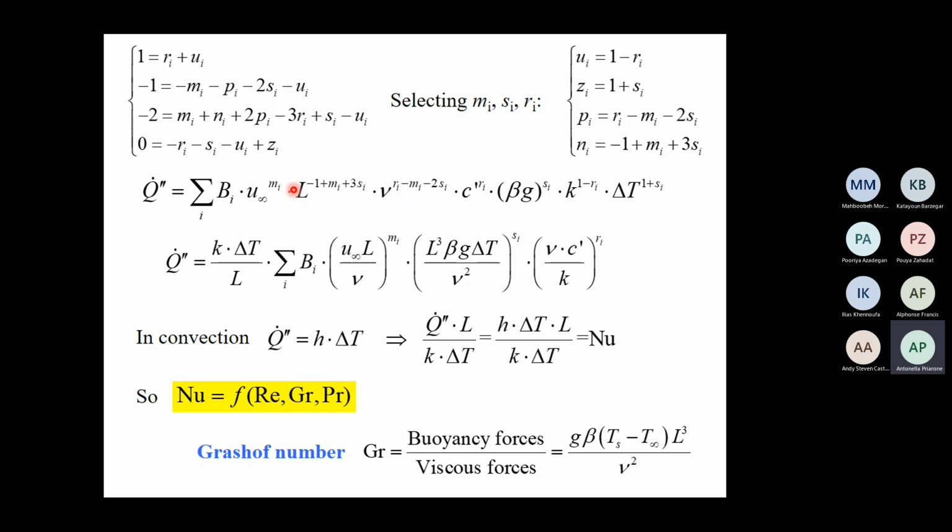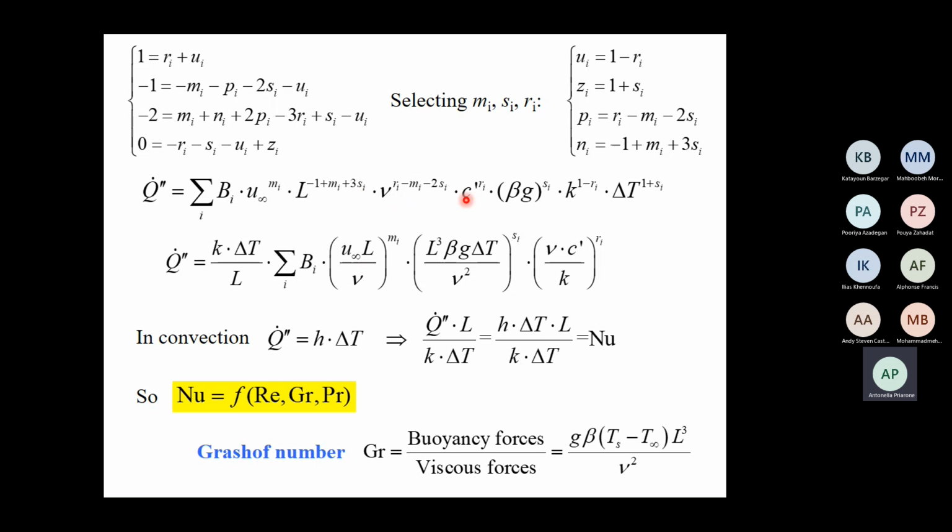S, I analyze S. I have L that is elevated to 3s. Then I have Ni that is to minus 2s. Then I have beta G that is 2s. And I have delta T that is 2s. So I will introduce in this bracket L cubed beta G delta T divided by Ni squared, all the bracket to 2s.